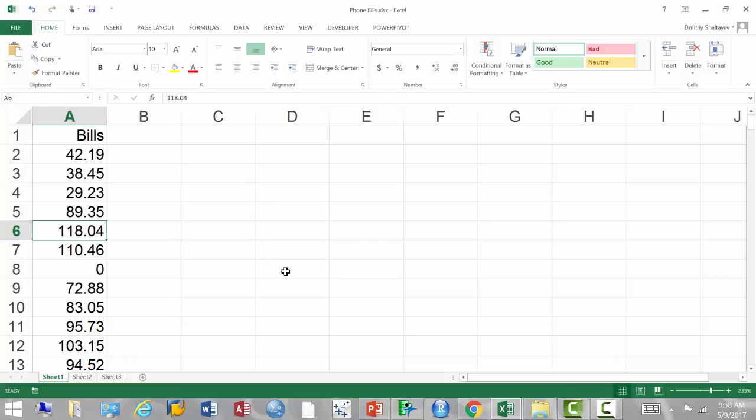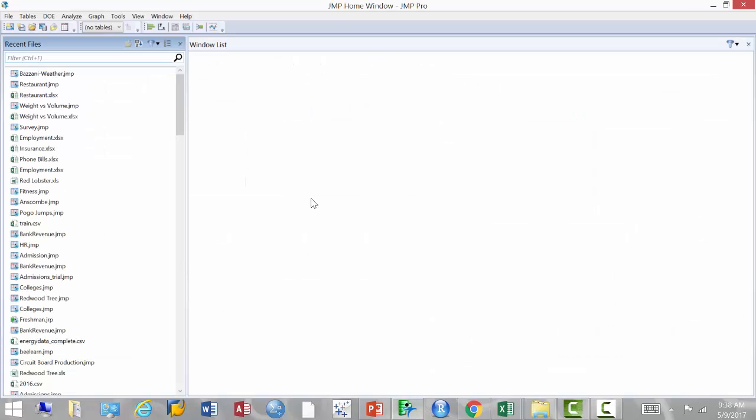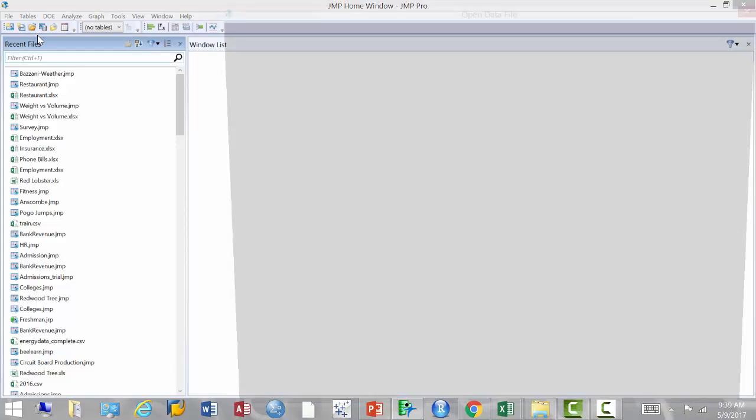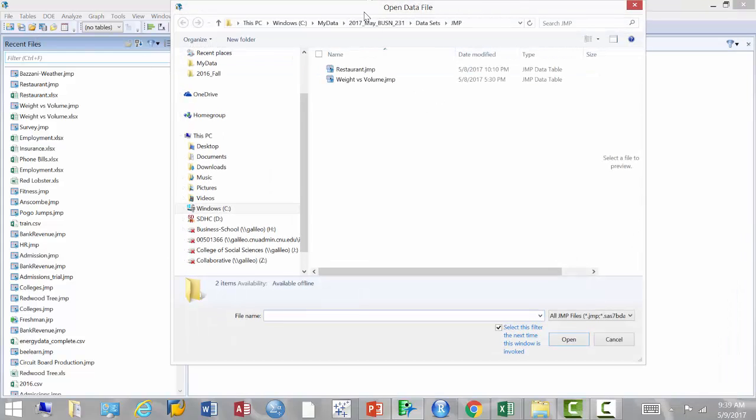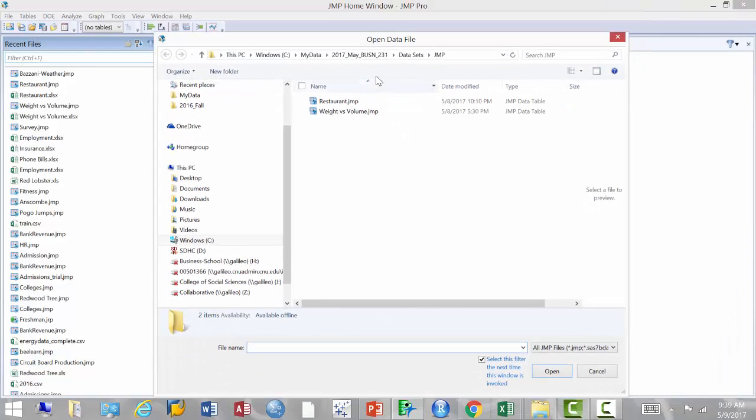Okay, but let's plot the data, right? That's what we were planning to do. So I'm going to go back to JMP, and just like we did in the previous example, let's import the data from the Excel file. So click on the open icon, and then just browse to the data set.